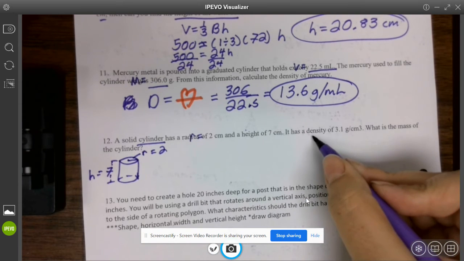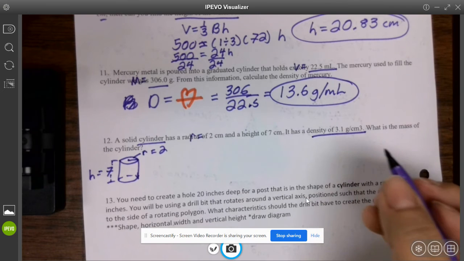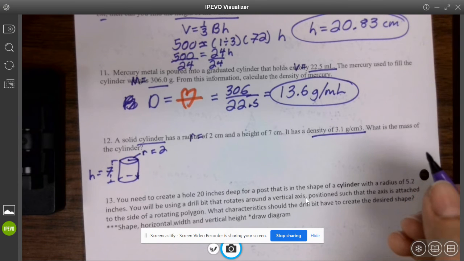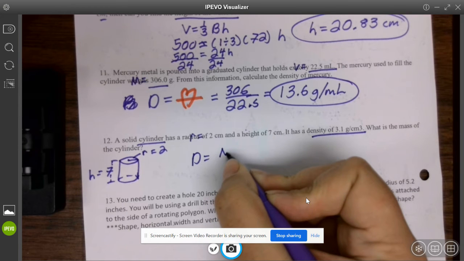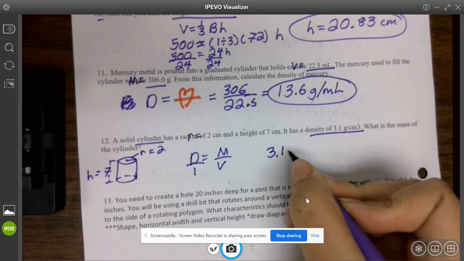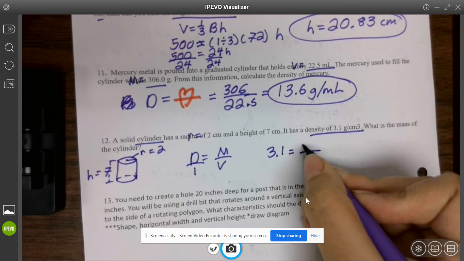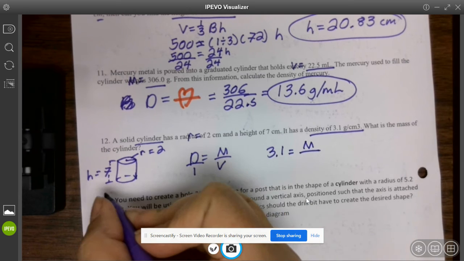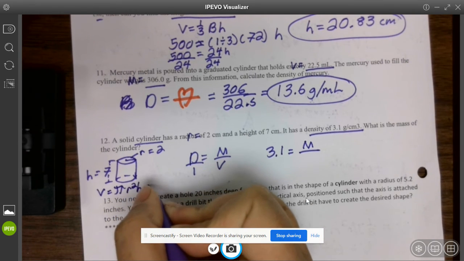It has a density of 3.1 grams. What's the mass? Density is equal to mass divided by volume. So if I substitute those in, 3.1. Now I have to do something first, everybody. I'm going to solve for the volume. So volume, pi r squared times the height.